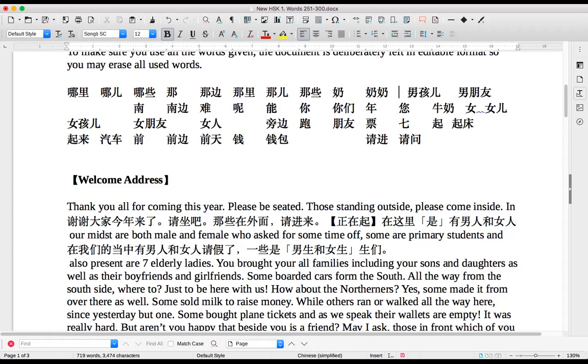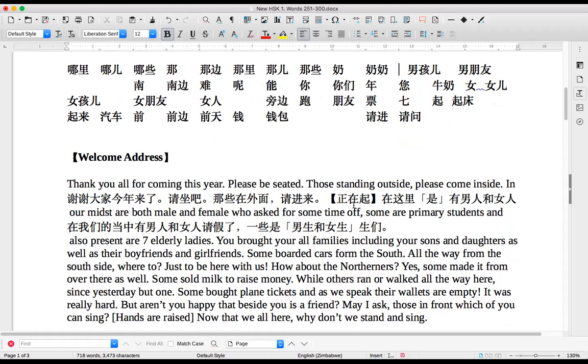So we're touching on, okay, and let's see. Also present are 7 elderly ladies. Okay. I didn't put present. I just put also 还有七个老女人. Yeah, because we said Thai, it's already among us.